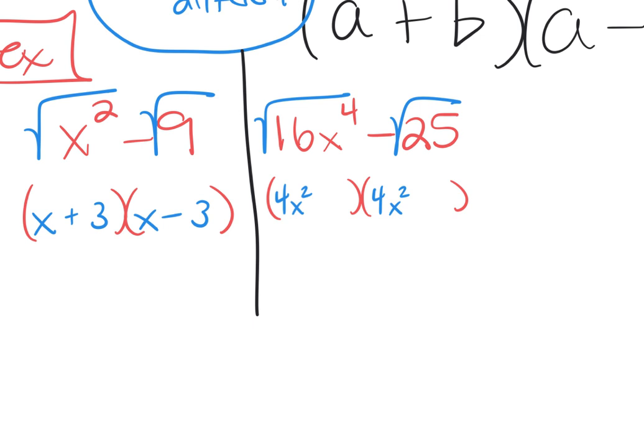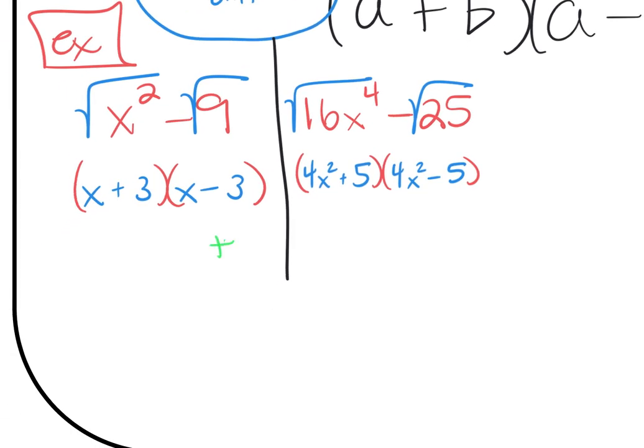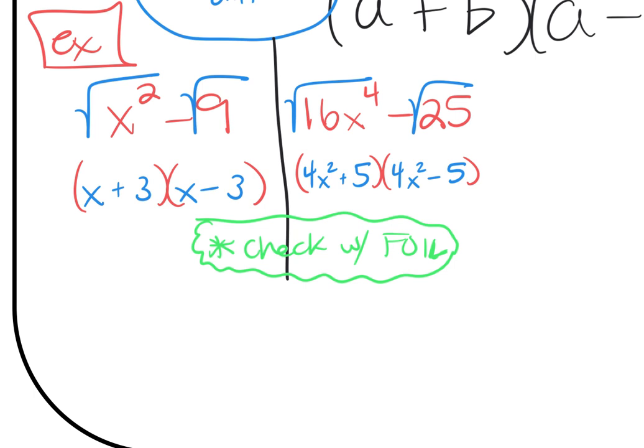Okay, square root of 25 is, and then don't forget your signs have to be plus and minus. Okay, I'm going to add another little note down here. We could check these with the FOIL method. If I wanted to see if I got it right, I could just multiply it all back together and see if I get what I started with.